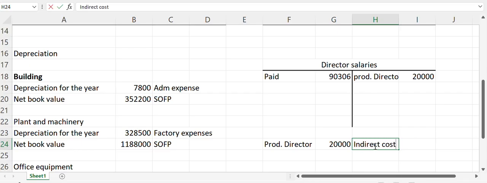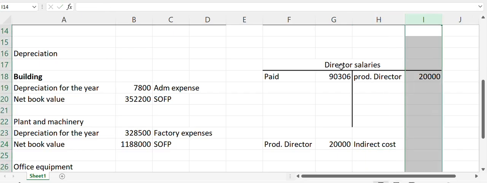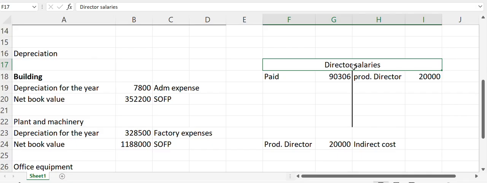in the manufacturing account. So we need to remove it under the director salaries, because director salaries will be recorded under admin. Directors are usually involved in the management of an organization or companies, so their salaries are normally recorded under administration expenses.